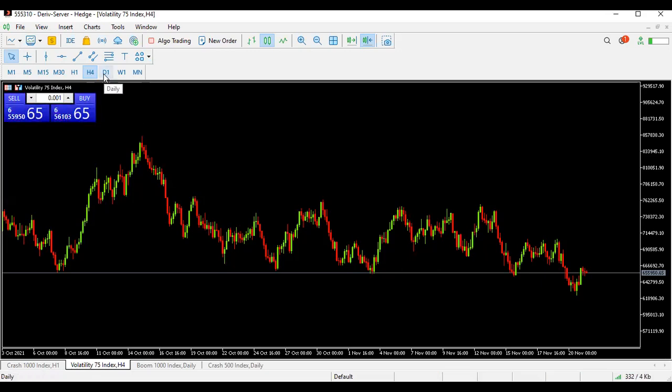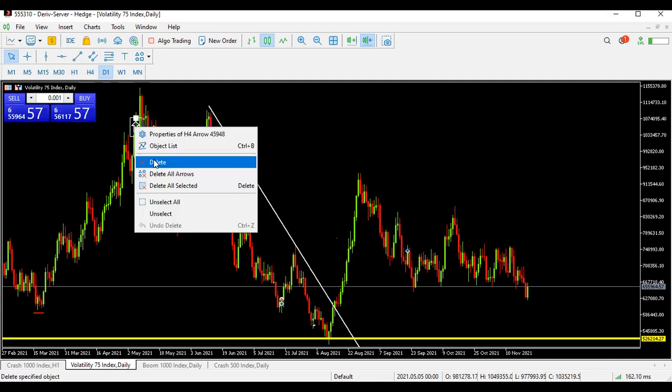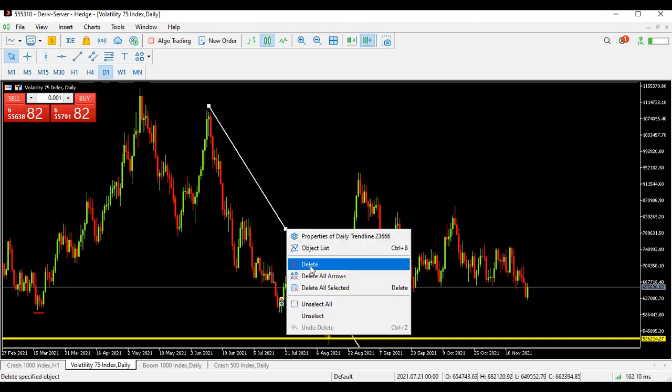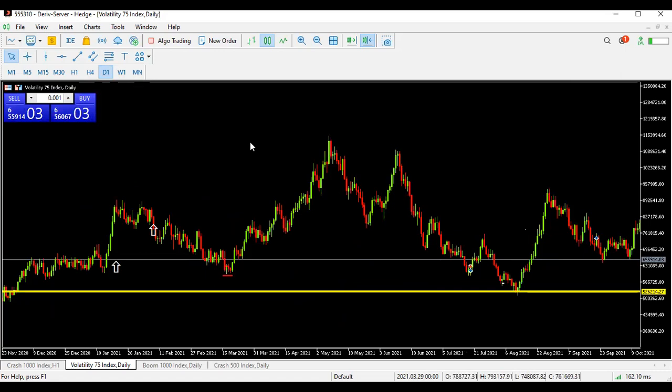you want to do is to go back to your time frame like daily. Now with this you'll be able to identify turning points. With this daily time frame you will see key turning areas.